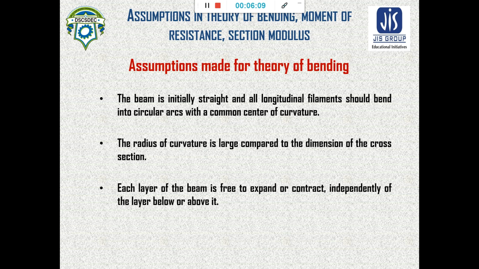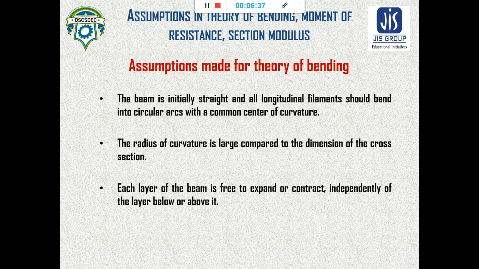That means the layers below and above the neutral axis should easily be contracted or expanded depending upon the type of load and the position, and they are free to expand.